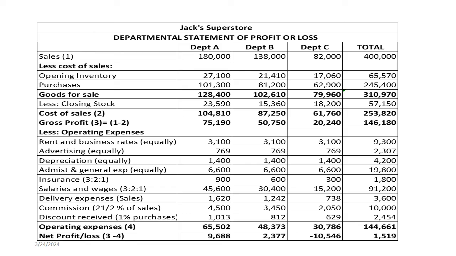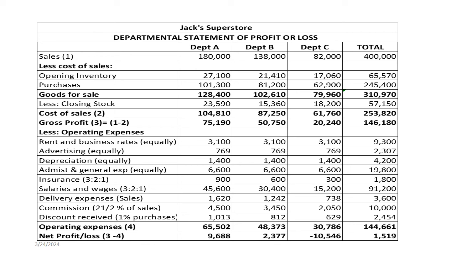Department B also we get a positive, which is 2,377. But Department C we get a loss of 10,546. They have a gross profit of 20,240, but operating expenses are much higher.